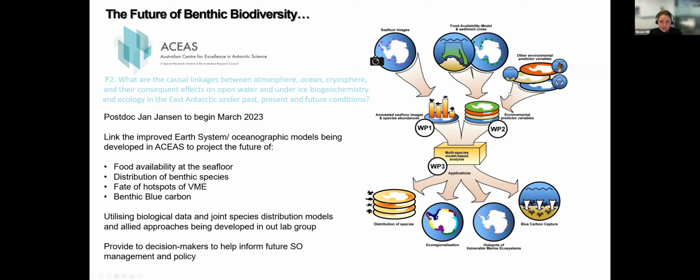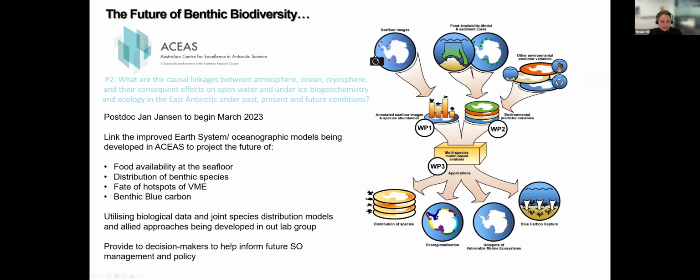We're very interested in other environmental predictor variables, particularly future projections of what these things might look like, such as sea ice and temperature and all sorts of other relevant variables. And then use this new information with the models that we've developed to forecast or project into the future what the distribution of these various aspects of benthic biodiversity might be.